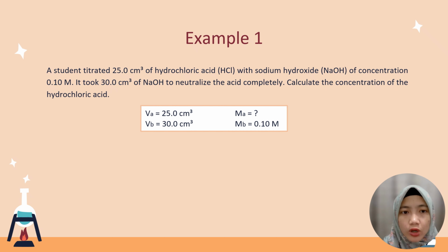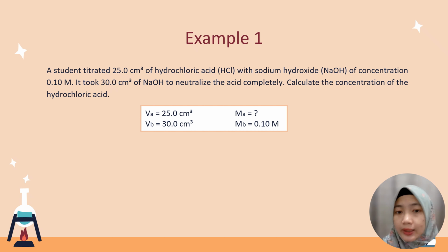We know that the volume of acid is 25 cm³, while the volume of sodium hydroxide, the basic solution, is 30 cm³. And then the question also gives you the concentration of sodium hydroxide, which is 0.1 molar. So that would be Mb. The question is asking for the concentration of acid. So we are looking for Ma.